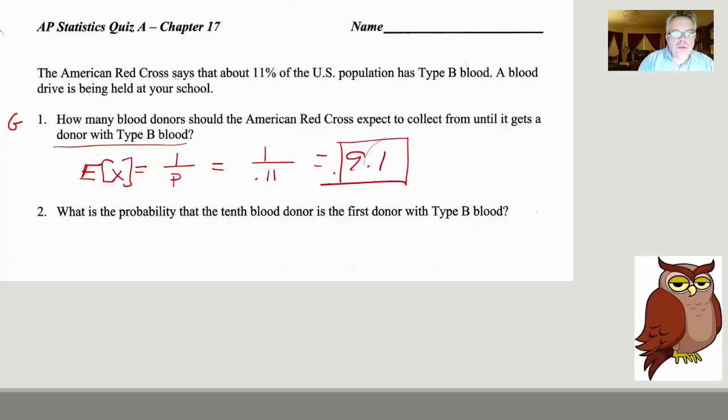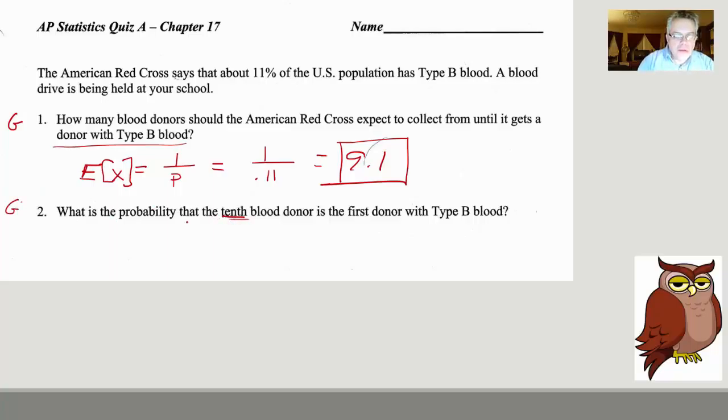Okay, number 2. What is the probability that the 10th blood donor is the first donor with type B blood? That means we're waiting, and finally the 10th person is the first success. So again, this is a geometric model, waiting for success, and this is for a specific one, the 10th donor.